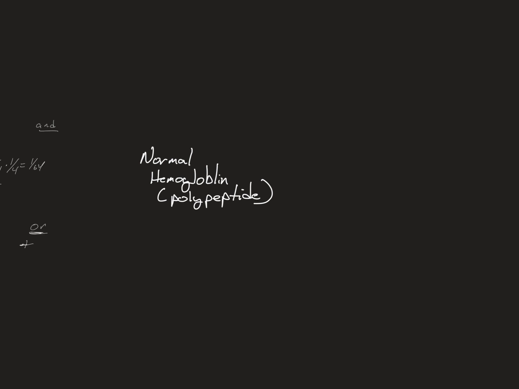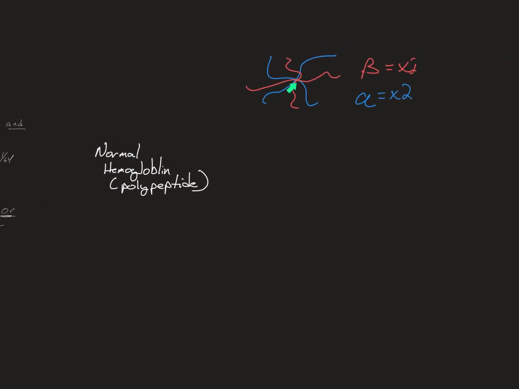There's 4 polypeptides, 2 alpha and 2 beta. You don't have to know all that. If you have 2 normal genes for the hemoglobin chain, then you have a normal red blood cell under low and high oxygen conditions.